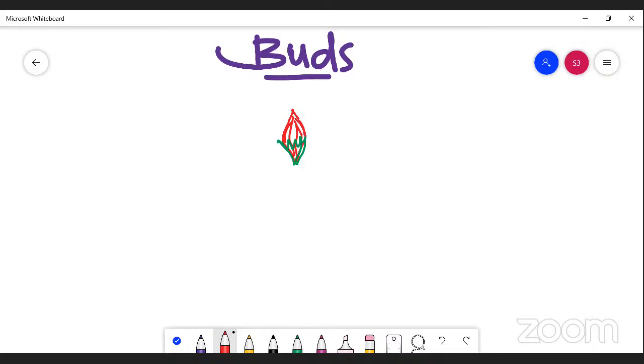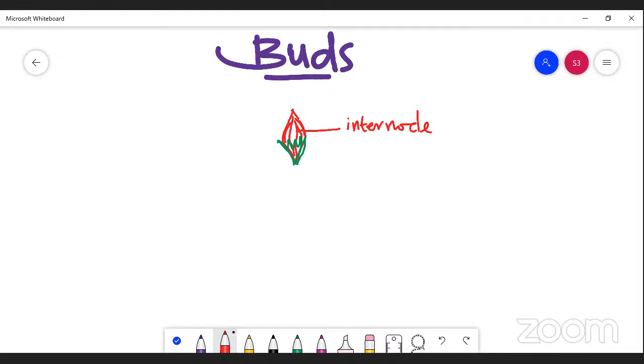This is called a bud, in which the internodal part is elongated. The internodal region of the stem or shoot system is elongated, which is compressed in the leaf-like structure. That is called a bud.